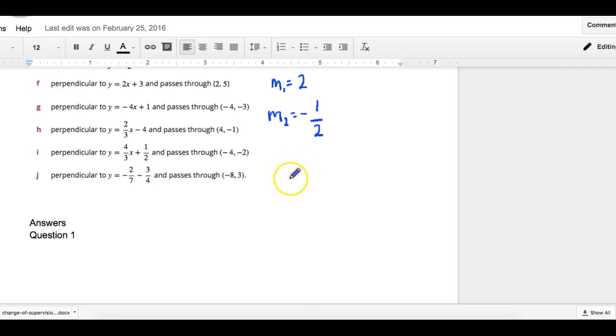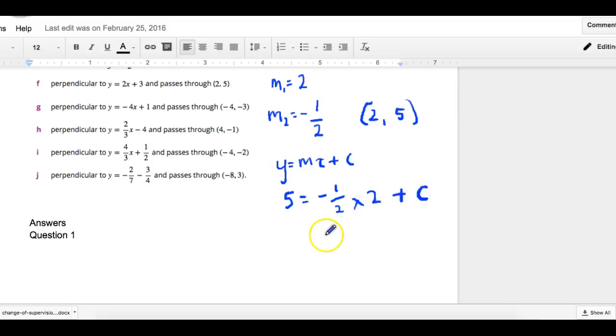Okay, and a point is 2, 5. So we're using this information and we're substituting it into y equals mx plus c. Now y is 5, so I've put 5 here. M is -1/2. X is 2. And c is what we're working out.